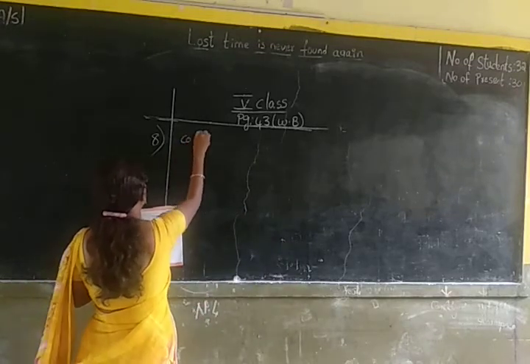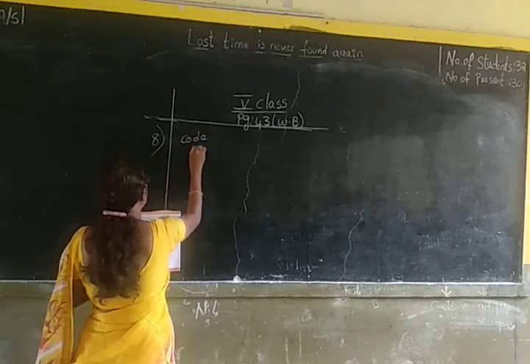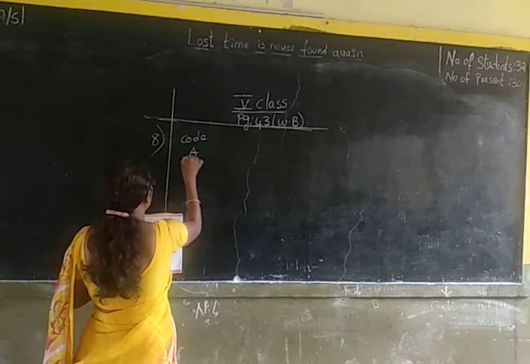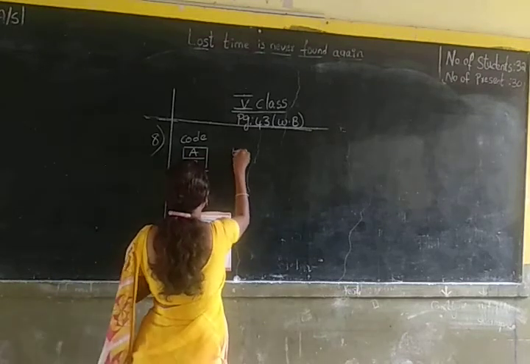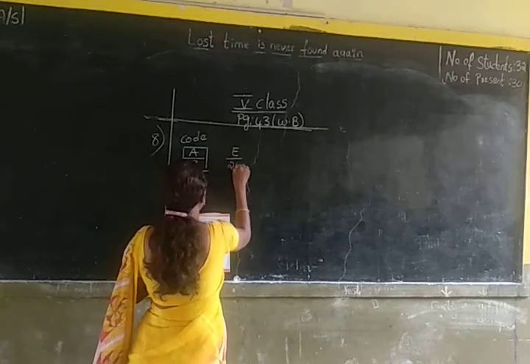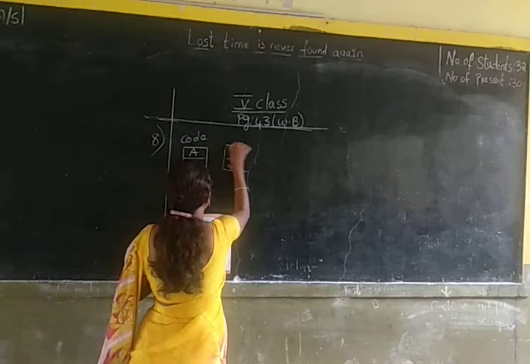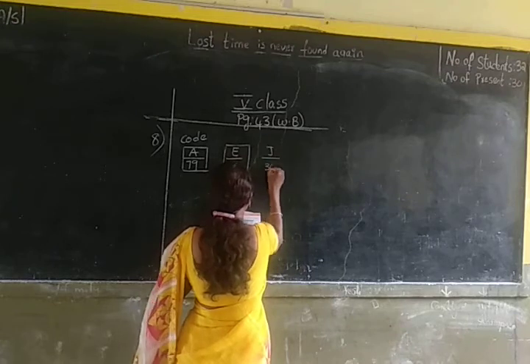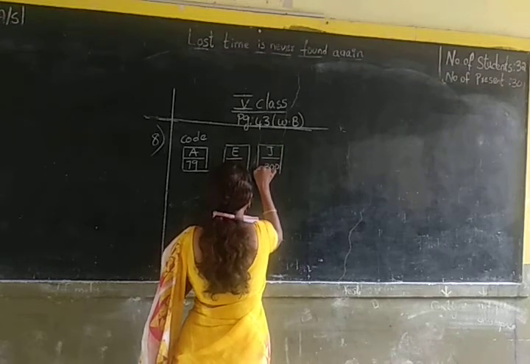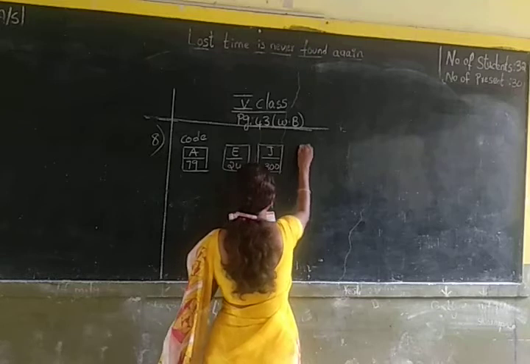Here the code is given. A means 79. E means 24. J means 300.